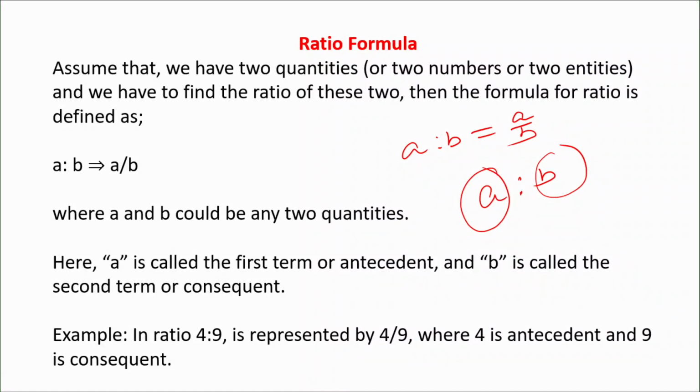When 4:9, for example, we can write 4:9 as 4/9, correct. So, in 4/9, the first one is the antecedent and the second one is called the consequent. Generally in a fraction, the first one is the numerator and the second one is the denominator. This is a ratio, no. So, one is the antecedent, the other one is the consequent.